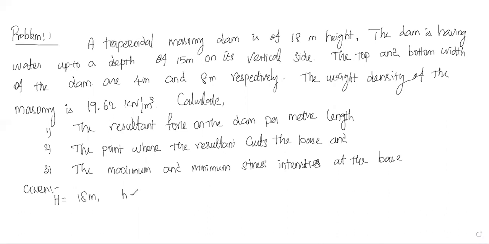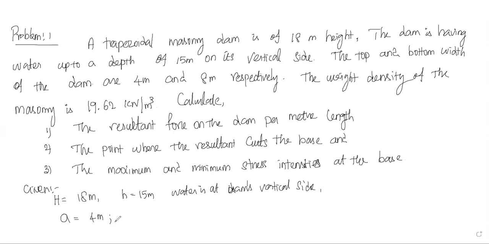So water depth, small h, is equal to 15 meters, and water is at the dam's vertical side. Next, the top and bottom widths are a and b.